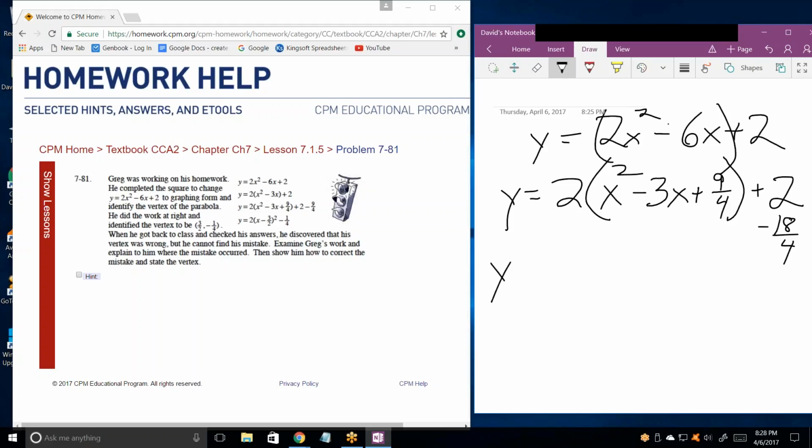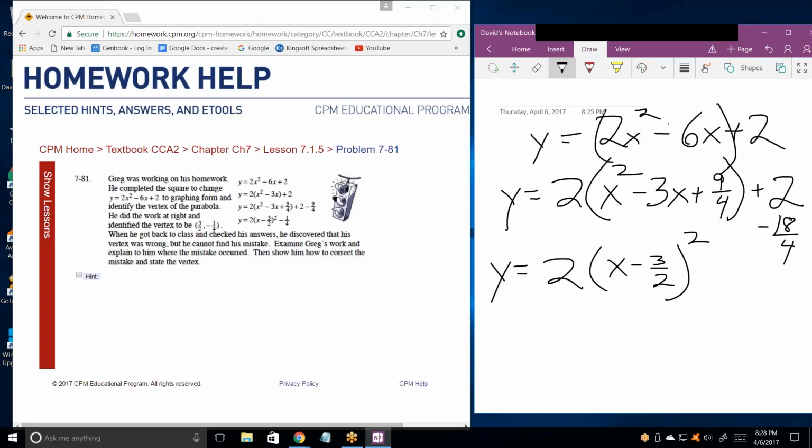Now, put this in its proper vertex format. Goes in here. X minus 3. No, it's always x minus whatever number you got when you divided that by 2. Oh. So it's 3 halves squared.